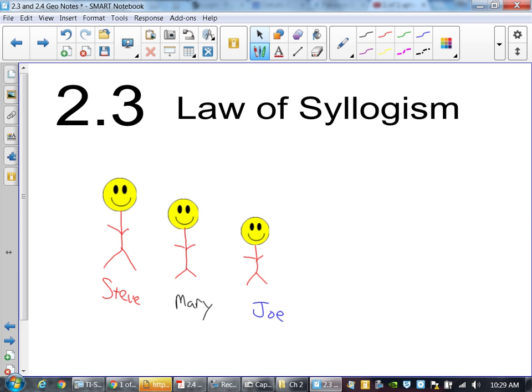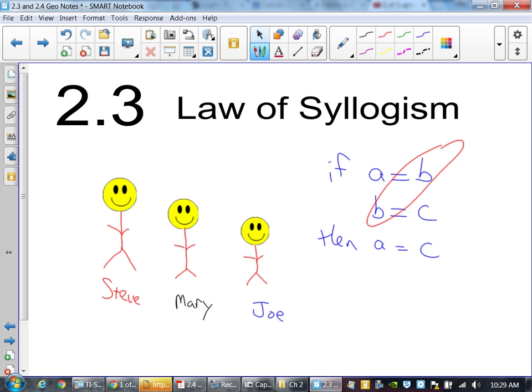Basically what this means is this. Another way of looking at it is this: if A equals B and B equals C, what can you say? A equals C. And the reason that this happens is that there's this diagonal component as you write things out.